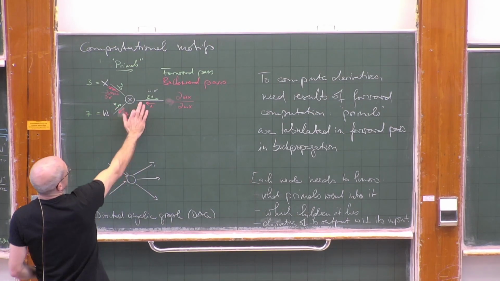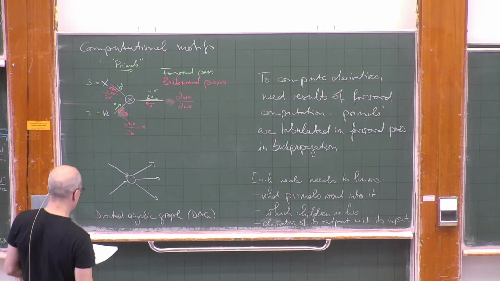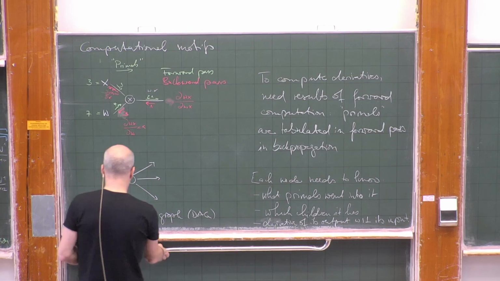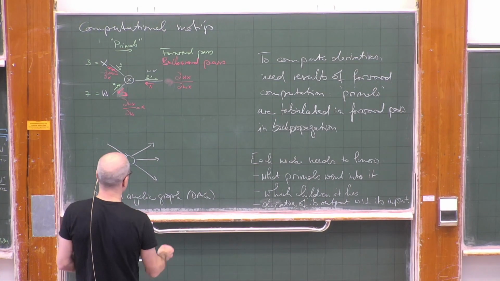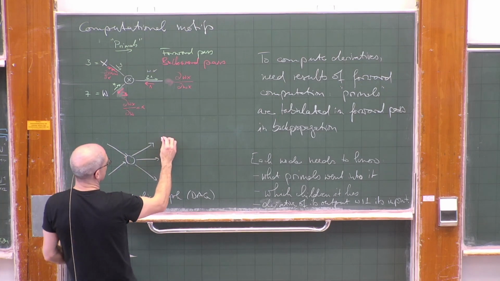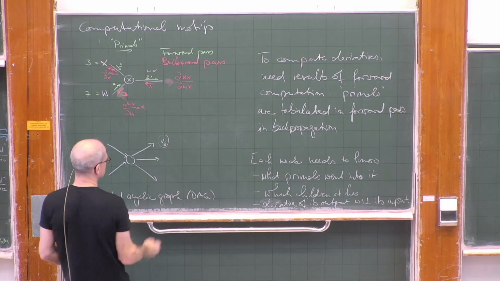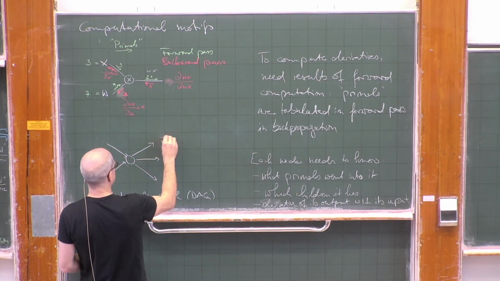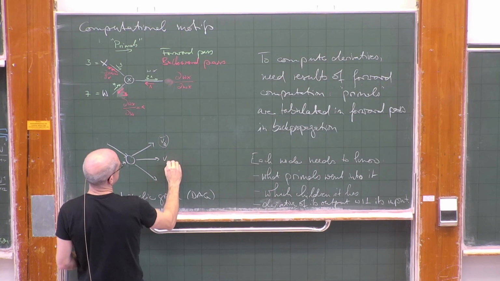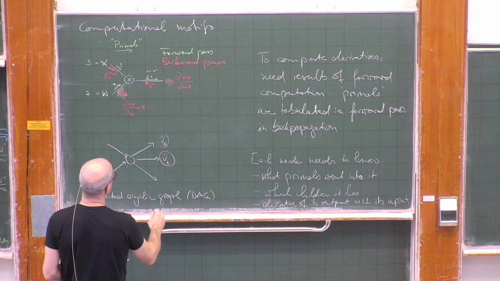All right, if we now use this kind of motif and generalize it, we come to a scheme that looks like so. We might have any number of children here, and so on.